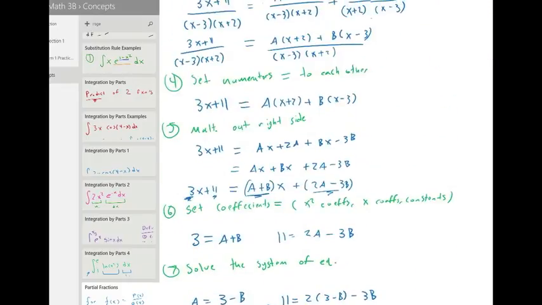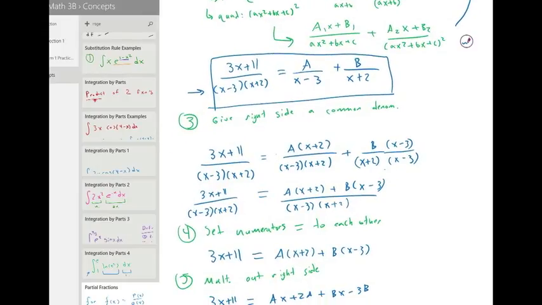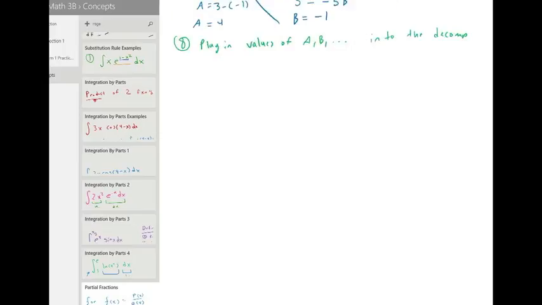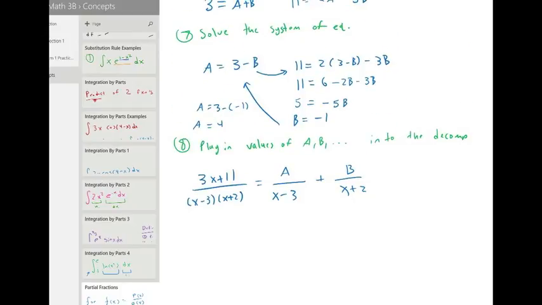For that, we have to go all the way back up to here, and we're going to plug in A and B. I'll rewrite it here. So this equaled A over x - 3 plus B over x + 2.